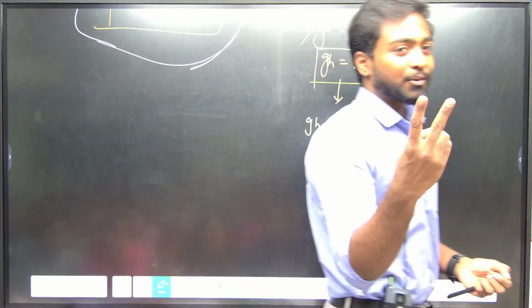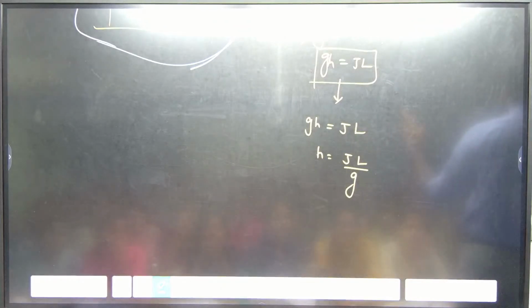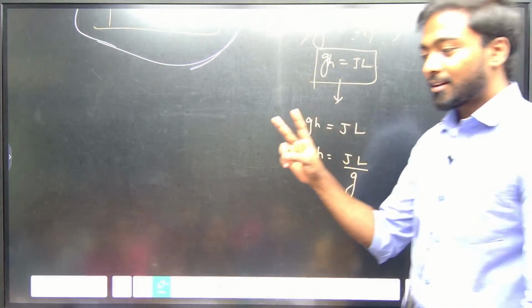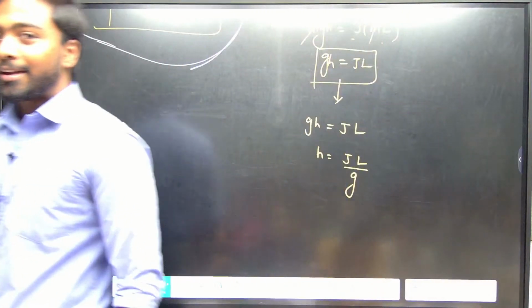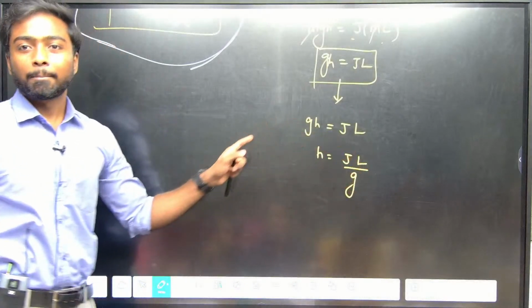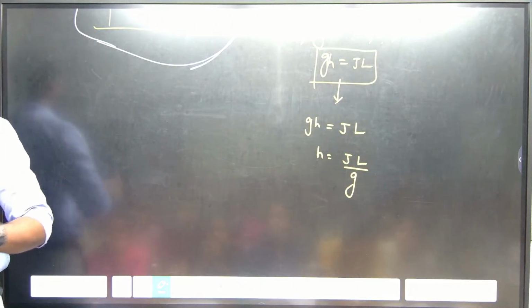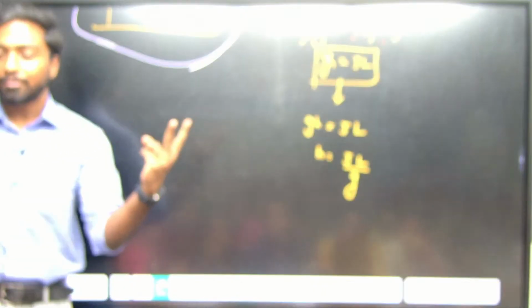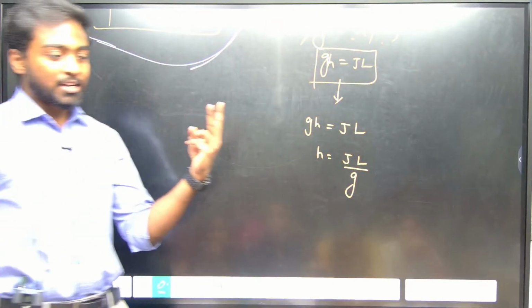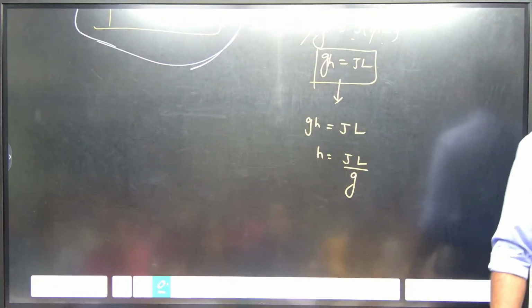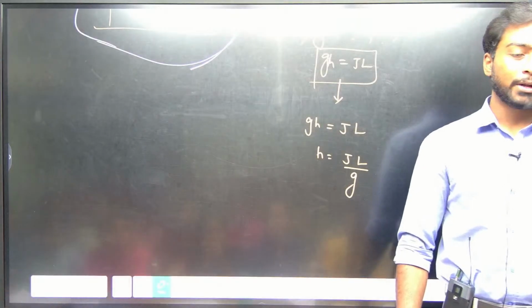Two things I have given, latent heat of fusion and latent heat of vaporization. What I told yesterday: they might not give any data about the value of L, but depending upon the question I need to understand what value of L to take, either 80 or 540. I should take 80 for solid to liquid, and 540 for liquid to gas.